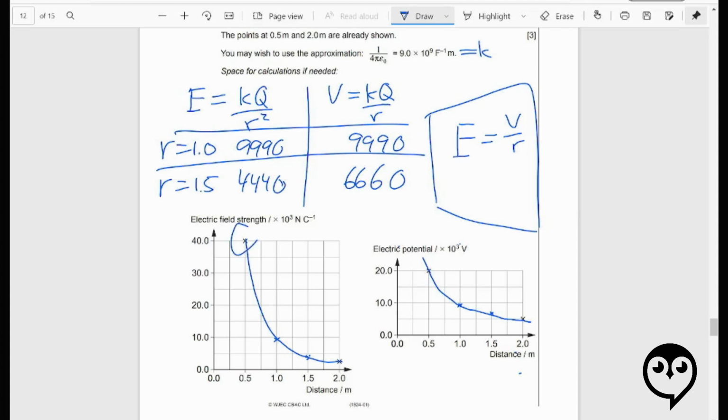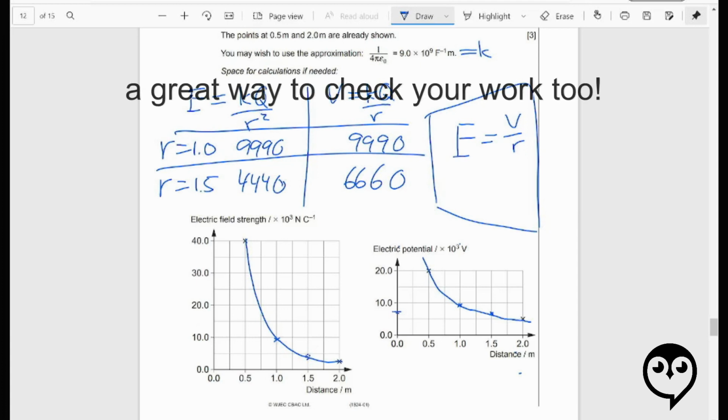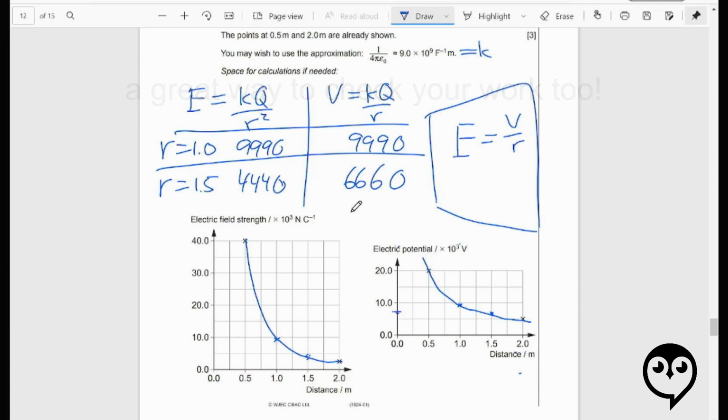A more rigorous calculation would be to draw yourself a gradient line on a full graph and do the calculation, but I think you would expect to see that. If we go along here, is this about maybe a 7? 7 divided by 1.5 is 4.666, and this point in here is just below 5, so 4.666. I think you can see that relationship there. I encourage you to explore that a little further.